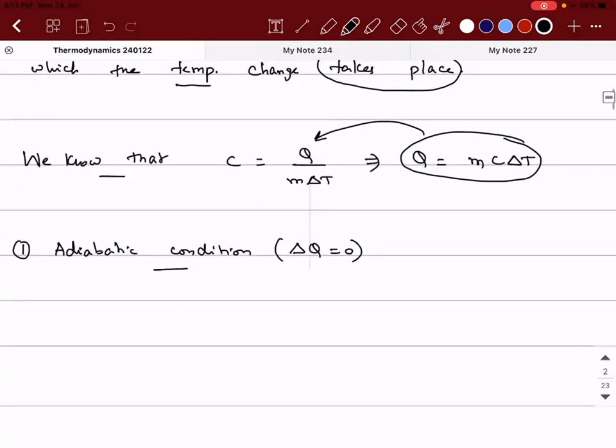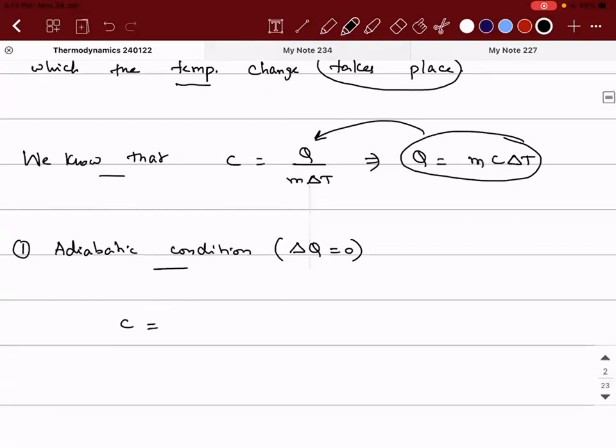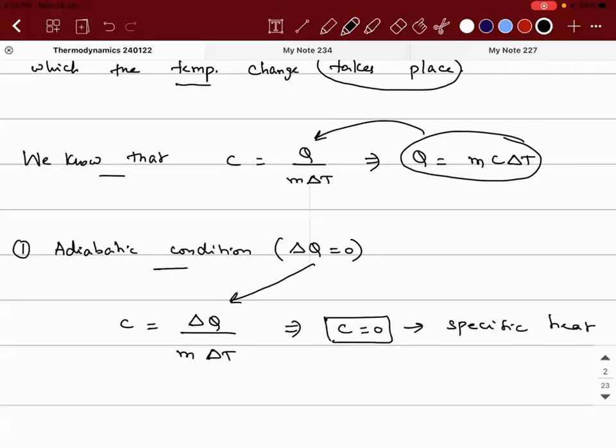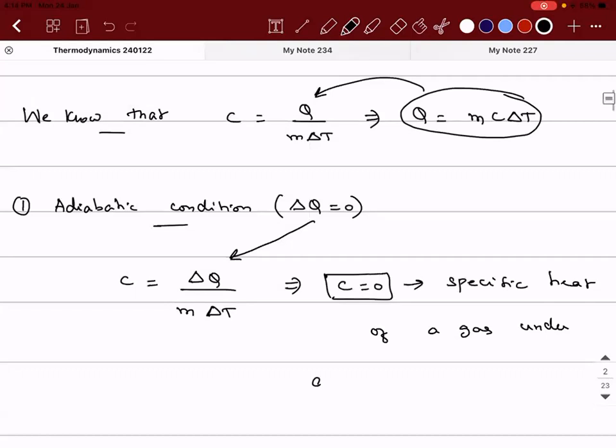Observe this: C is equal to delta Q divided by m into delta T. If I substitute delta Q equal to 0, I'll get C is equal to 0. It tells us that the specific heat of a gas under adiabatic conditions is 0. So let's have this in mind.